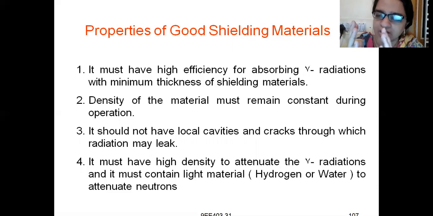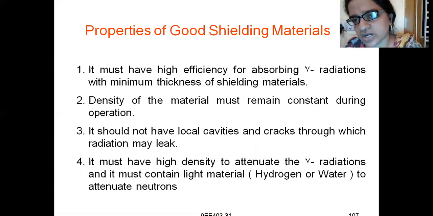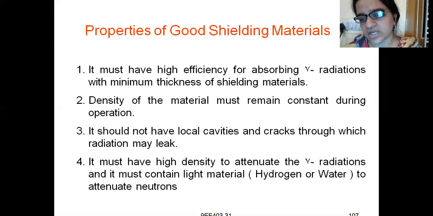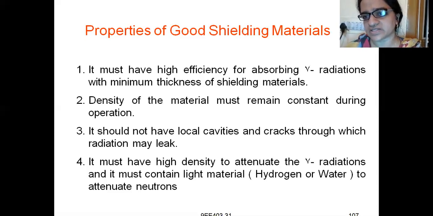The shield should be so perfect that it attenuates or cuts down the gamma radiations coming in contact with the shielding material. And in order to attenuate neutrons also, a good shielding material must contain light material like hydrogen or water.